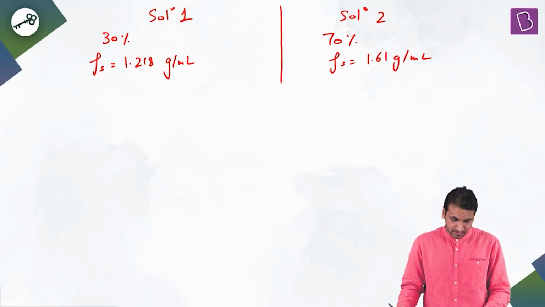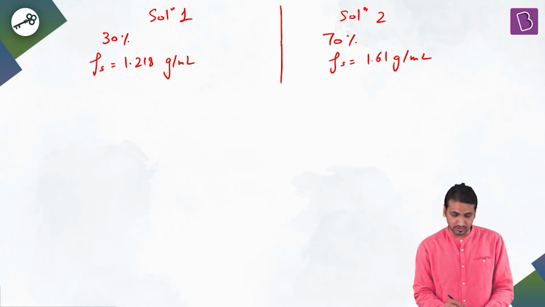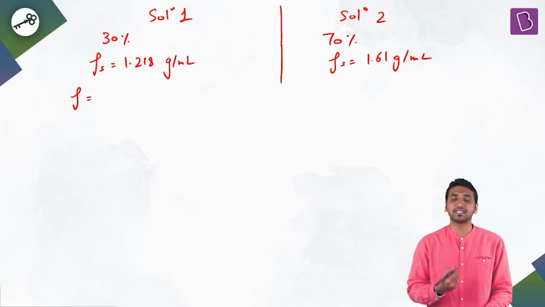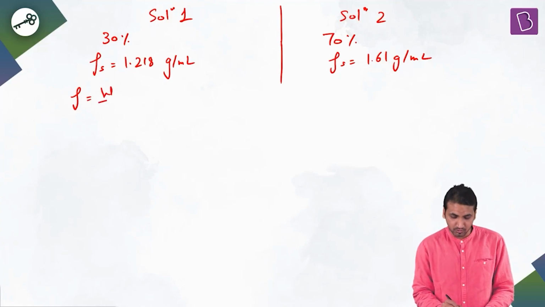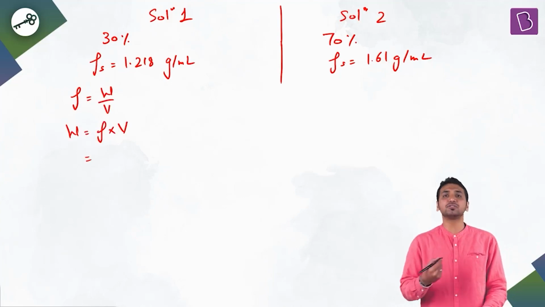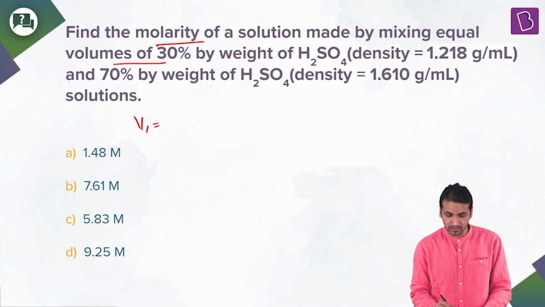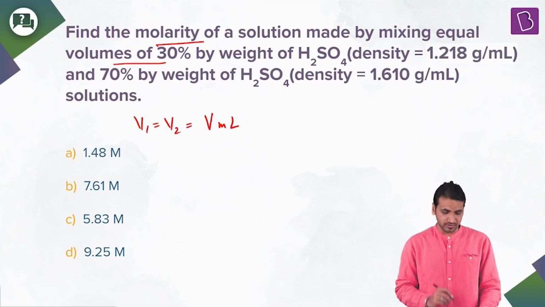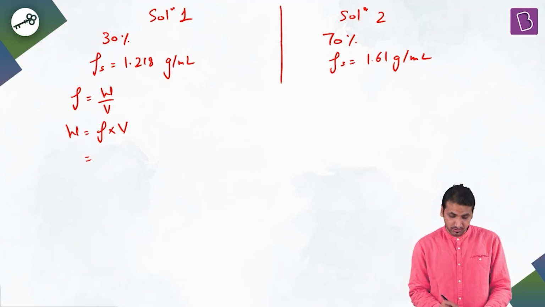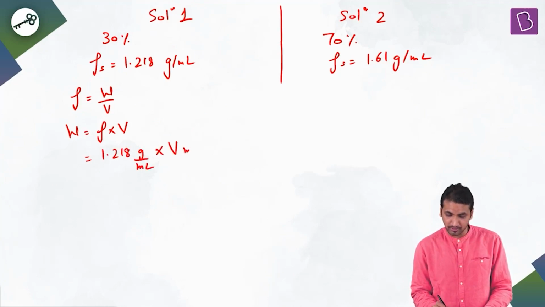Okay. Let's write the formula for density. Density is weight by volume. So can we say weight will be density into volume? So let's assume the volume for solution 1 and solution 2 to be V1 is equal to V2 is equal to V mL, right? We have assumed it. So density will be 1.218 gram per ml into V mL, right?